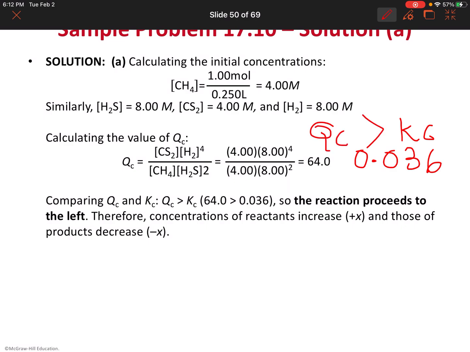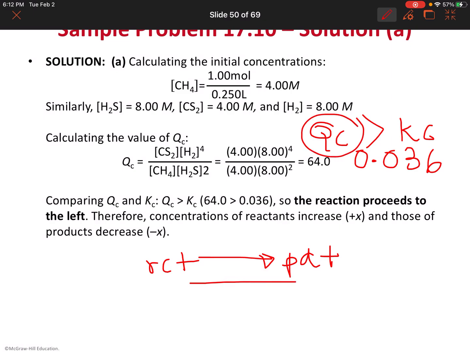So Qc is larger than Kc. What does that mean? We have a larger Qc, meaning the reaction had gone way too much to the side of the product, right? So our Qc is the concentration of products over the concentration of reactants, right?